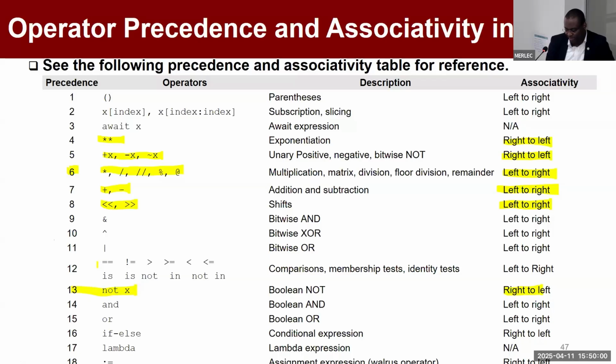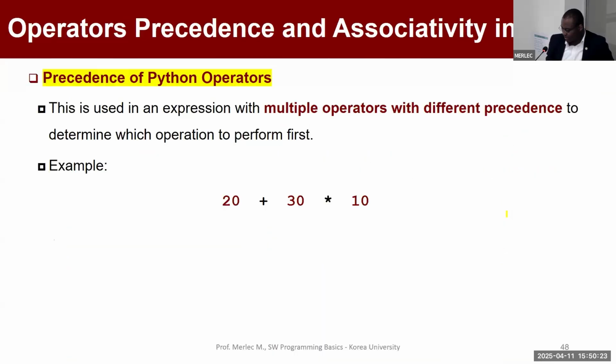You also have comparison operators here, located at number 11, also associated from left to right. You have the bitwise and, or, which are also associated from left to right.